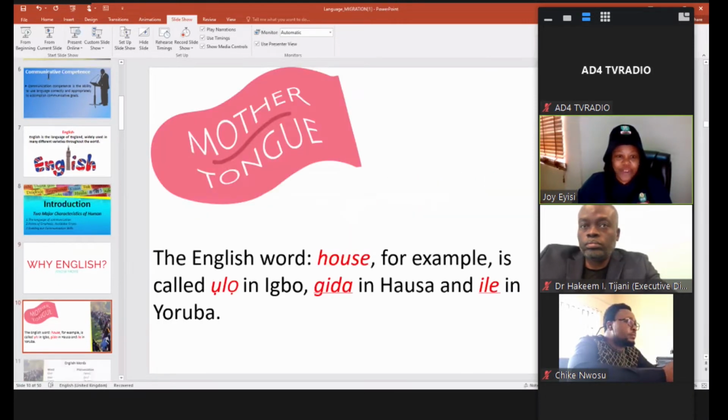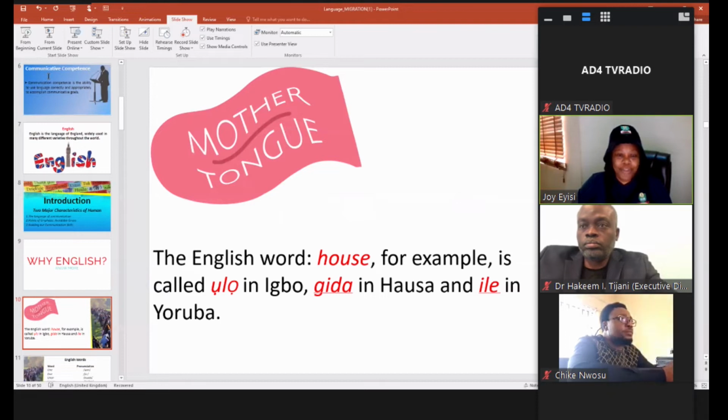In Nigeria, for instance, we have three major languages: the Igbo language, the Hausa language, the Yoruba language. We refer to our native language as the mother tongue.